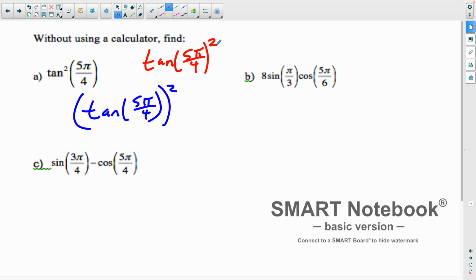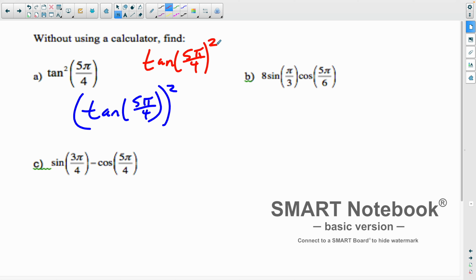So to not be confusing, that's why we put the 2 there. It differentiates which operation we want. If we want to put it in the calculator, we take the tangent of 5 pi over 4, and whenever we get that answer, we square it. Which is good and bad news a lot of times.